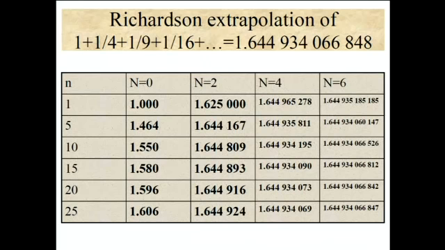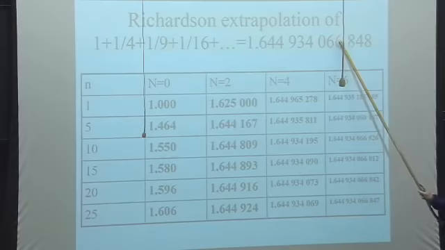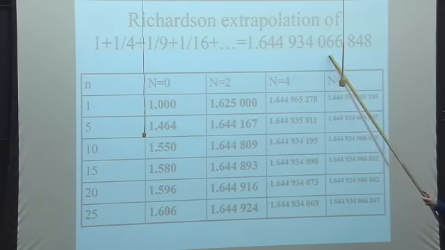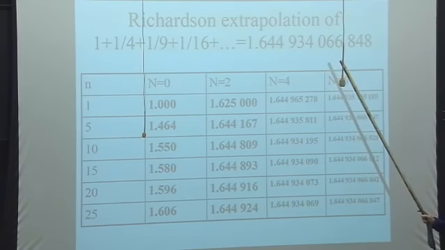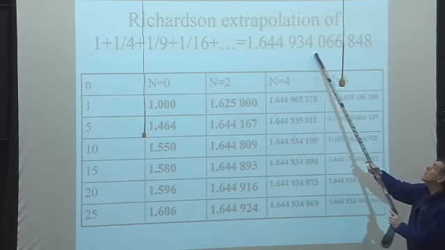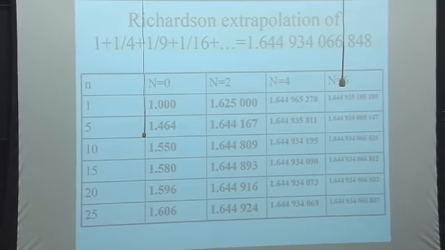Okay, so we know that this series that we're calculating is pi squared over 6, and pi squared over 6, roughly speaking, is 1.6449340668848. Okay. Now, notice that apart from the 1, I'm keeping 12 places.